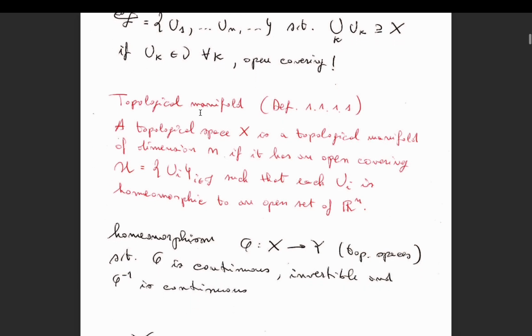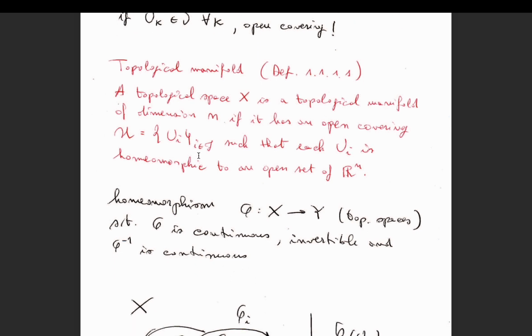So a topological manifold is a topological space having an open covering, capital U, equal to {U_i}, such that each U_i is homeomorphic to a subset of R^n, and the dimension of the topological manifold is actually n.